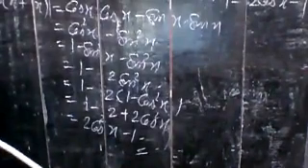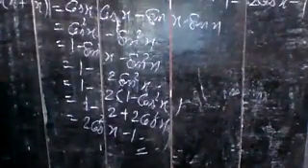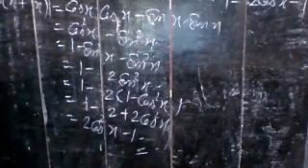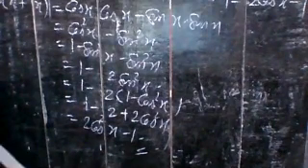In this way you prove these identities, and you have to learn all of them, because in the coming classes we will solve questions based on all these identities. Understand?